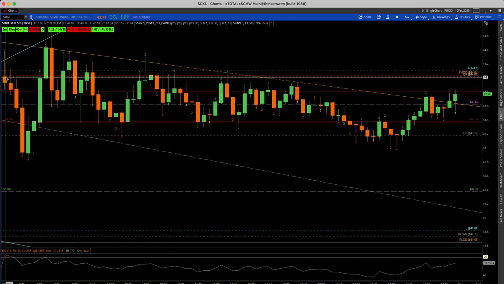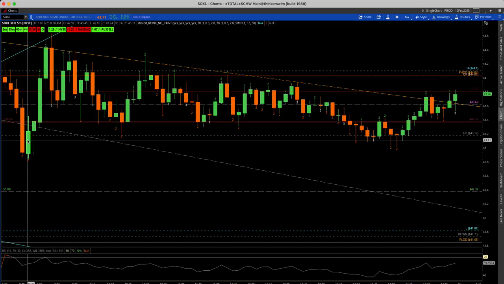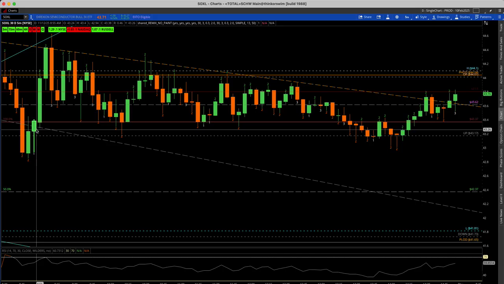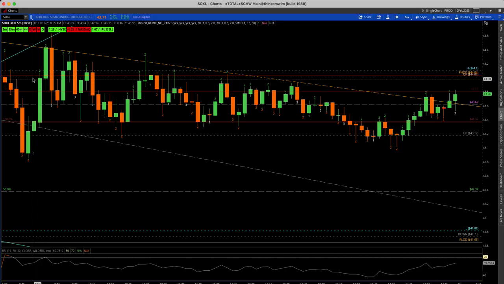So we can see that we opened here and we pushed down, and we got a bounce basically, right? Now, this is part of the nuance that we bring into the equation. So we're below opening print, but we take into account where things are at.